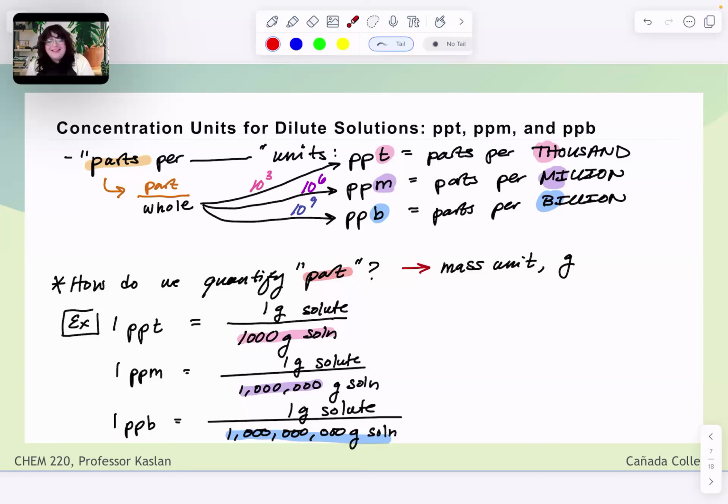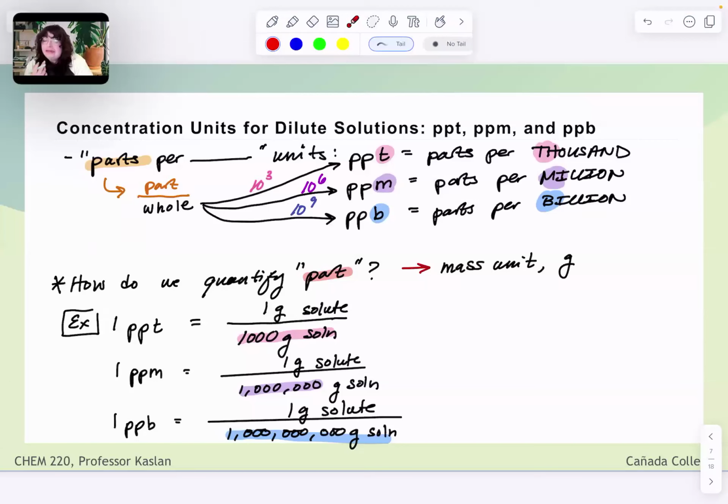Now, let's think about this a little more practically, right? If I hand you 1,000 grams of solution, if it's aqueous, I'm handing you more or less a kilogram of solution. That's fine. I could go grab a kilogram of solution; its volume would be around this range, something I can handle.